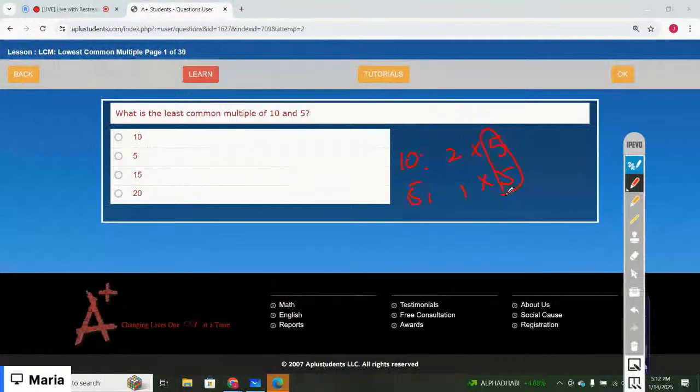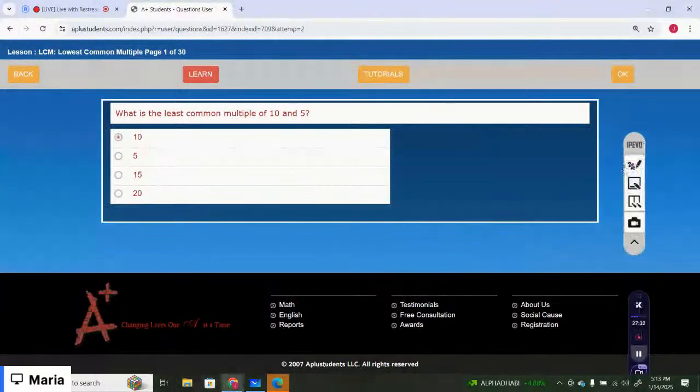So the common factor is 5 and the non-common factor is 2. So 5 times 2 is 10. The correct option is 10. Option number 1 is the correct option.